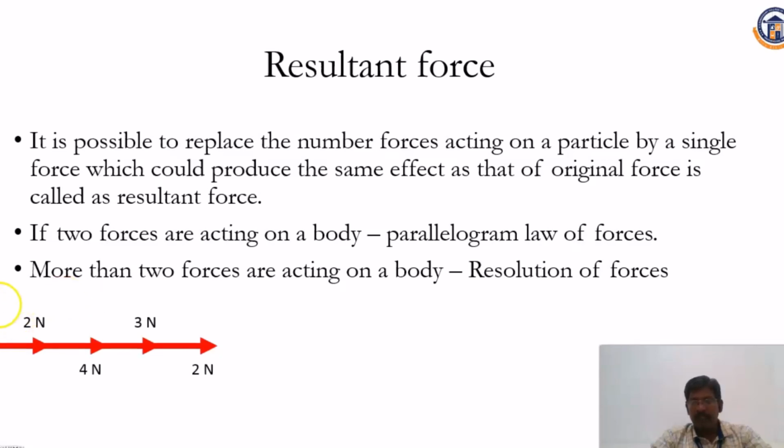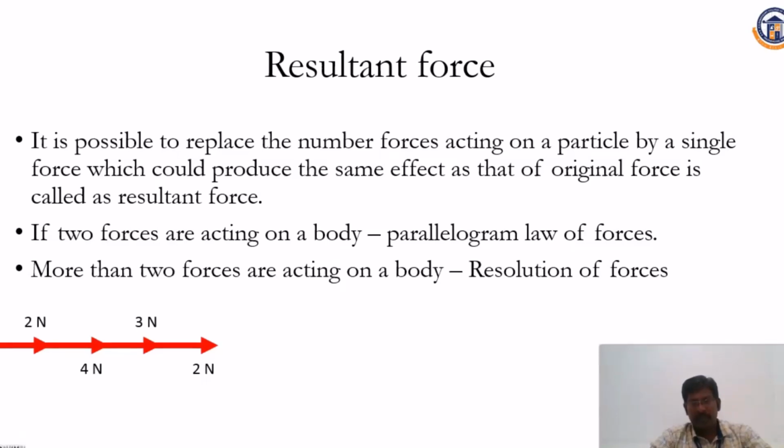See here, a force of 2 Newton is acting on the right hand side, then another force of 4 Newton acting in the right hand side direction, then another force of 3 Newton and 2 Newton are also acting on the right hand side. These forces can be resolved into a single force which induces a similar effect.